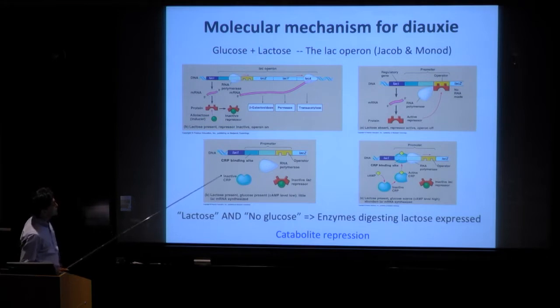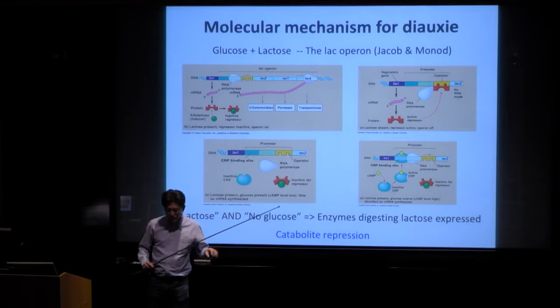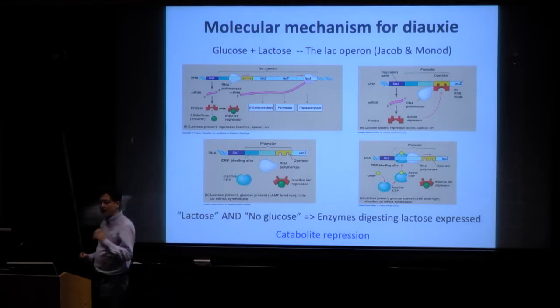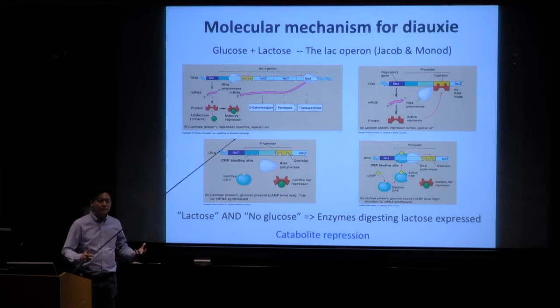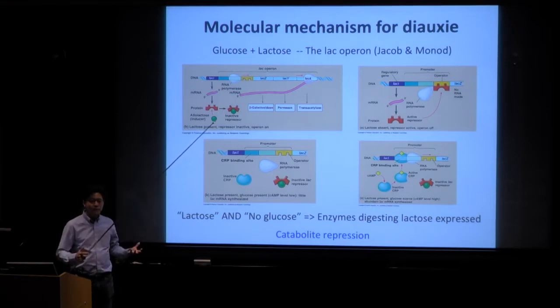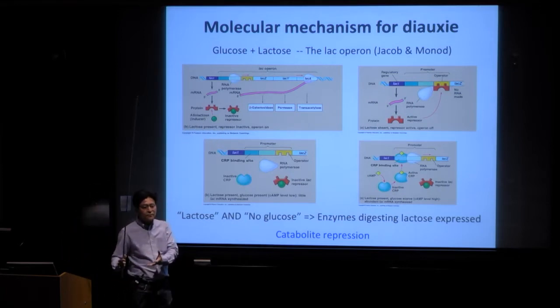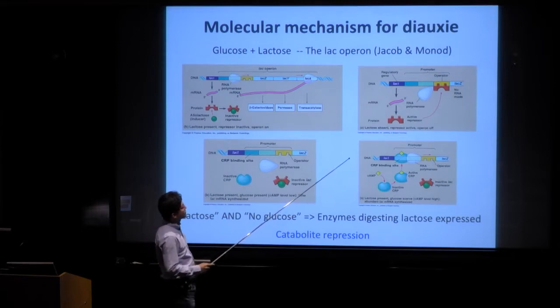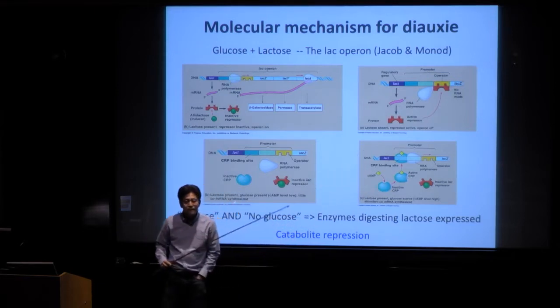Essentially, there's a repressor called the lac repressor, which usually represses the enzyme that digests lactose. So if you give the bacteria glucose and lactose, the bacteria like the glucose. They will digest glucose first. Why don't they digest lactose? Because the enzyme digesting lactose has been repressed by the lac repressor.